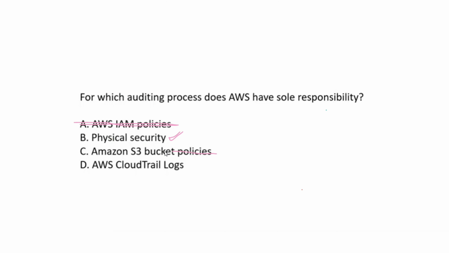S3 bucket policies are again managed by users only, nothing to do with AWS. CloudTrail and logs, again, which the user manages, nothing to do with AWS, and hence the best fit here is physical security, because it is the sole responsibility of AWS, nothing to do with users. So let us check its answer.